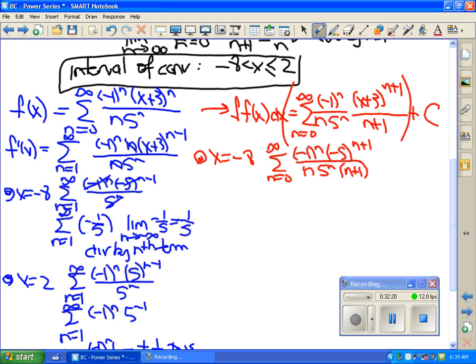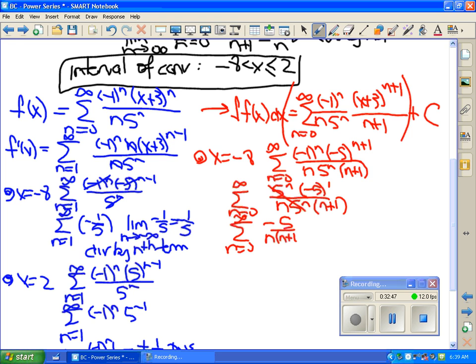So if I simplify this, I have a negative 1 to the n and a negative 5 to the n, so I'll write that as 5 to the n. I have a negative 5 left over, and on the bottom I have n, 5 to the n, and n plus 1. So the 5 to the n and the 5 to the n cancel out. So basically I'm looking at n equals 0 to infinity, negative 5 over n, n plus 1.